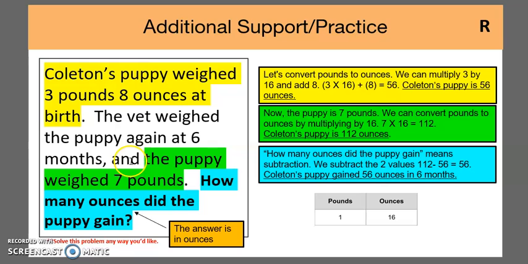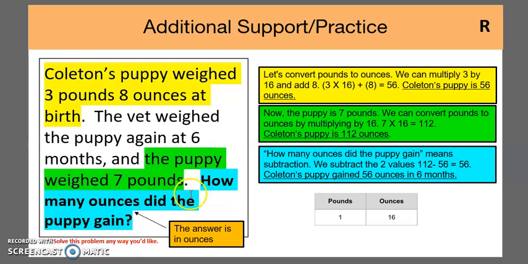We know that part of the problem tells us in 6 months they weighed the puppy again. And here, the important part, the puppy weighed 7 pounds. So we're going to convert pounds into ounces, and the best way we can do this is we're going to multiply 7 by 16, giving us 112. So as of 6 months later, Colton's puppy is 112 ounces. The last part of the problem tells us how many ounces did the puppy gain.